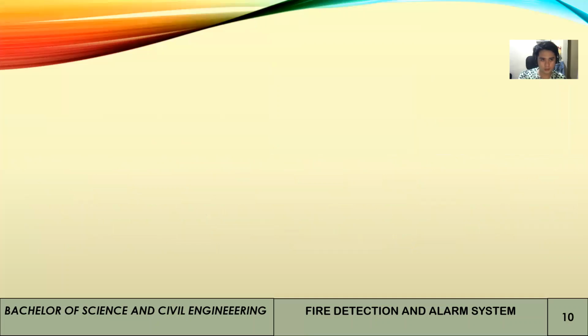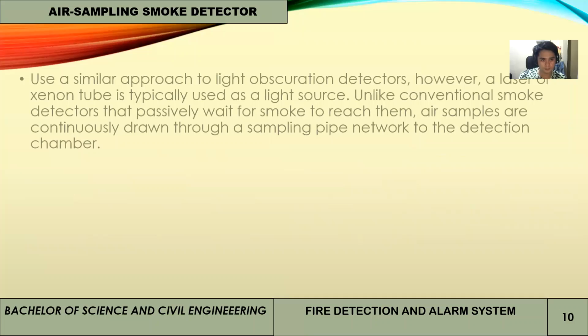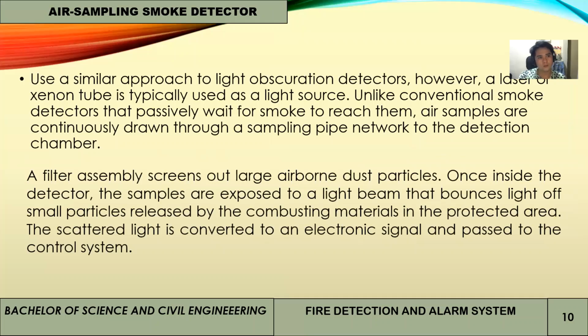Okay, next is air sampling smoke detectors. Similar to light obscuration detectors, however, a xenon tube is typically used as a light source. Unlike conventional smoke detectors that passively wait for smoke to reach them, air samples are continuously drawn through a sampling pipe network to the detection chamber.